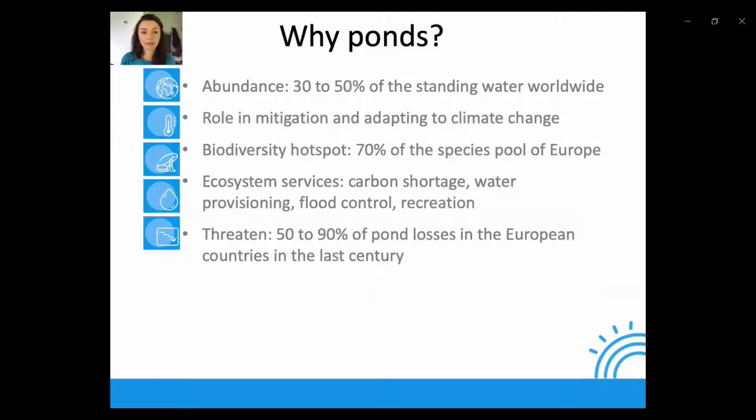Why ponds and not lakes? We decided to focus on ponds because they are highly abundant. They represent between 30 to 50% of the standing water worldwide.